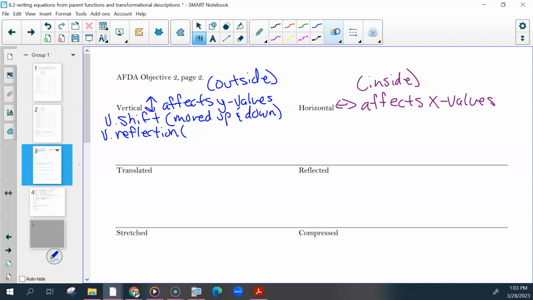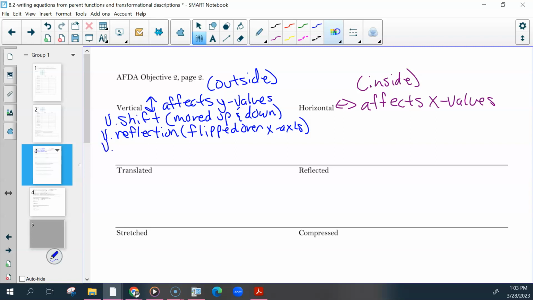That flipped it upside down, or flipped it over the x-axis. So that's a little weird because x-axis, not y-axis. Now it's weird, because with x-axis you're thinking x values, but if it's flipping over the x-axis, it changes your y values.